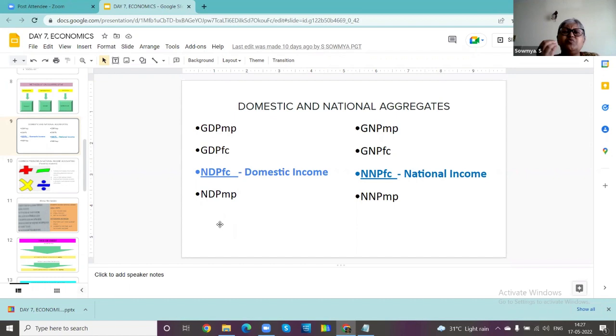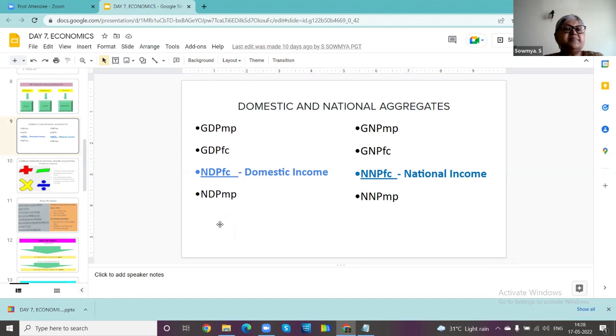Because depreciation is what? It is the reduction in the value of the fixed capital over a period of time. So if depreciation is also going to be added, then that will be misleading. We won't be accounting for that reduction in the value, isn't it? So that has to be removed, and the actual value addition will be understood only with the net concept.